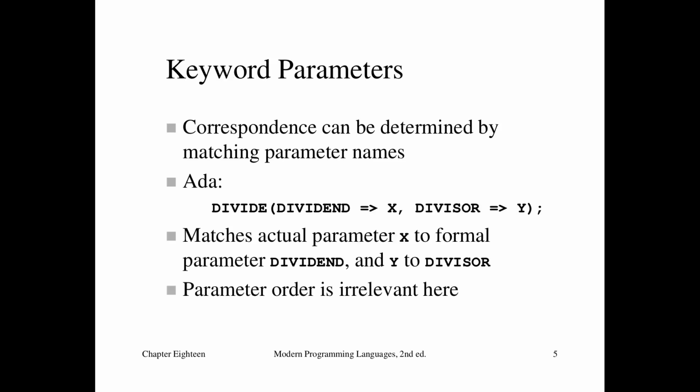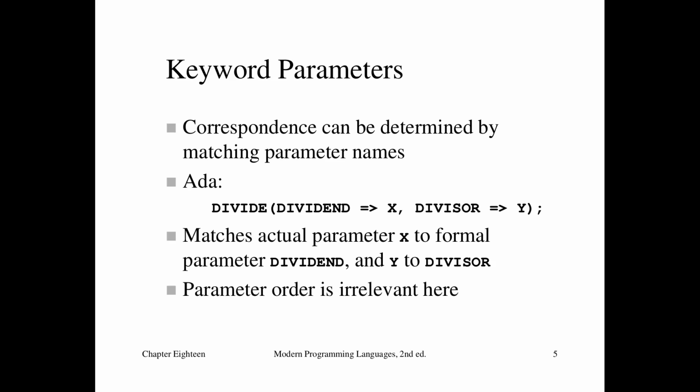On the other hand, we can also use keyword parameters, right? So we can use parameter names, and order doesn't matter anymore. We just use the parameter names to provide the values, right? So as we see here in Ada, you can do this, where we have some divide method that takes in a dividend and a divisor in either order, as long as we give it the name, and we can assign the values, apparently x and y, right?